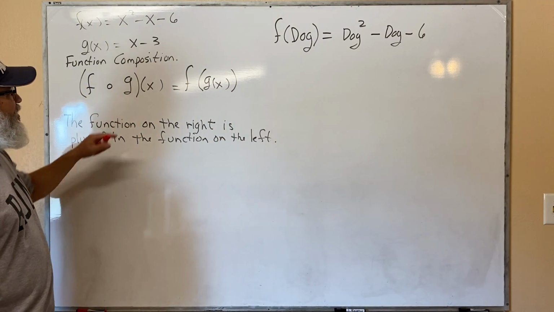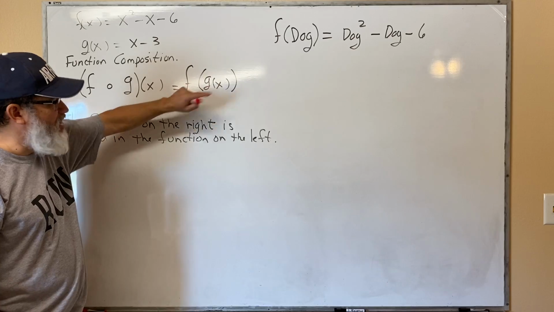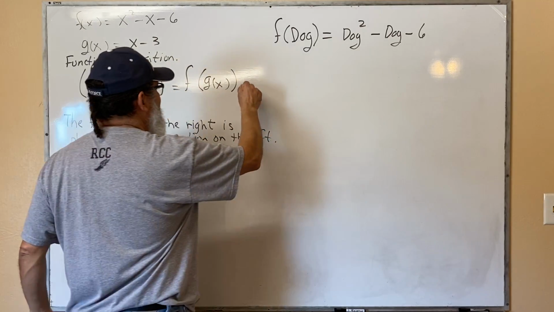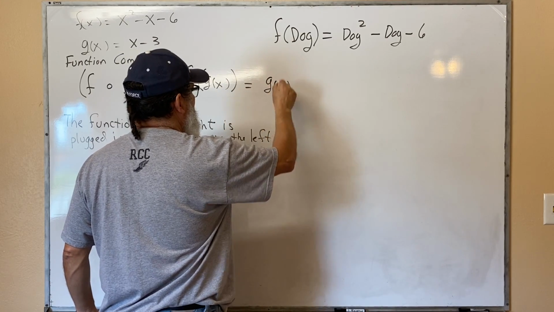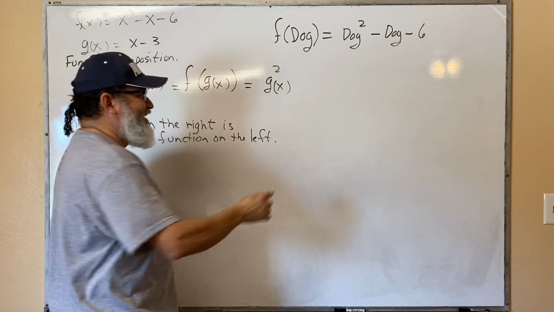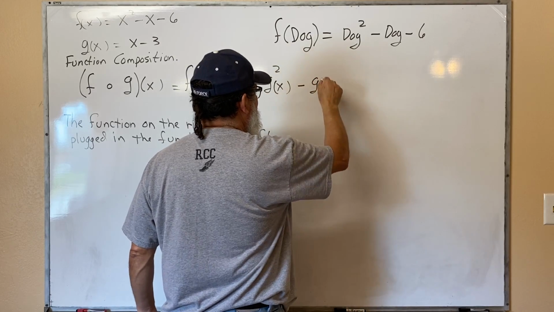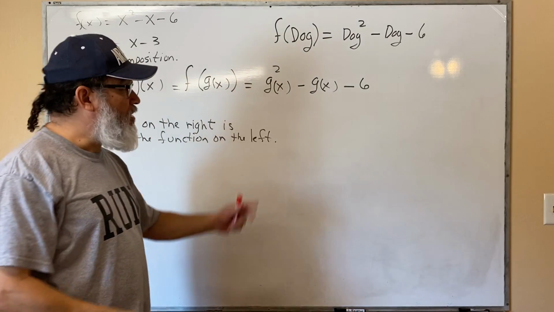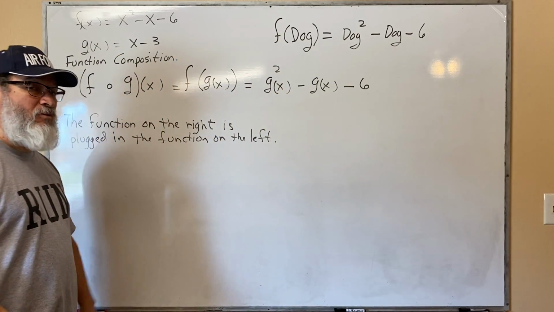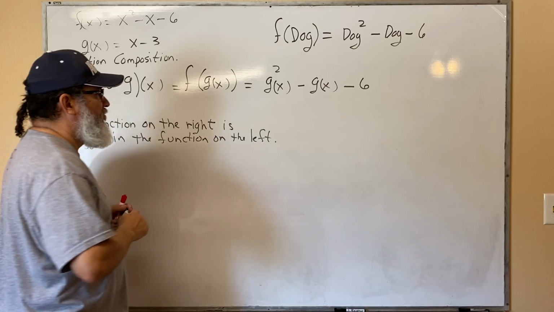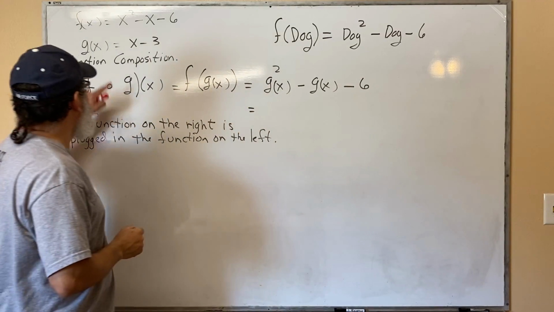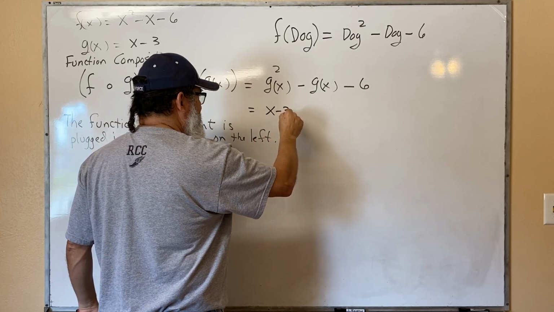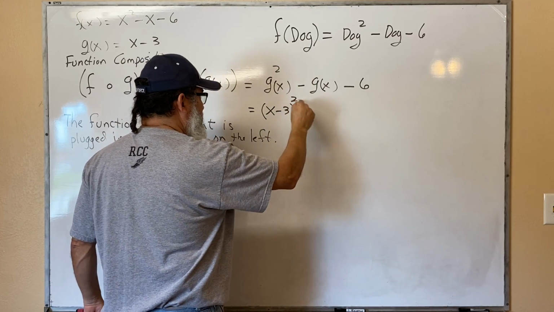So, what will this f do to g? Square it, minus 6. There you go. Okay, but what is g? X minus 3. So this g is x minus 3, and that is being squared.